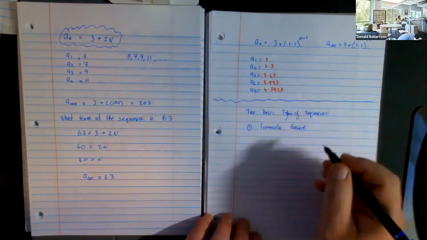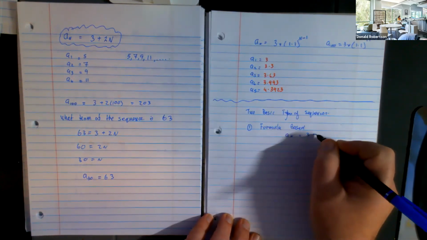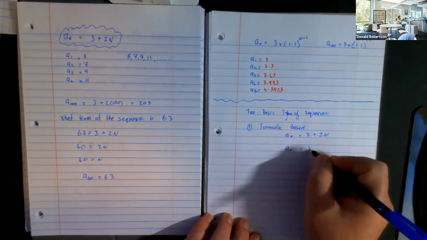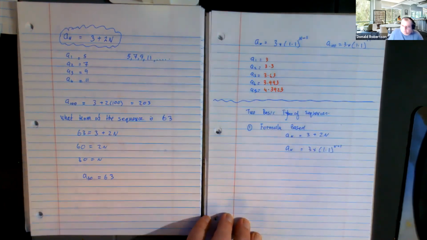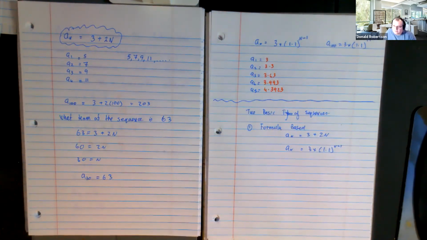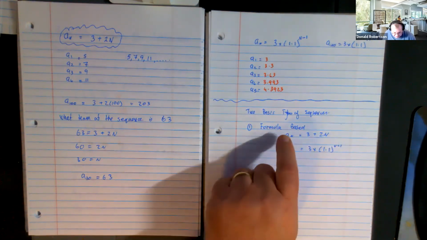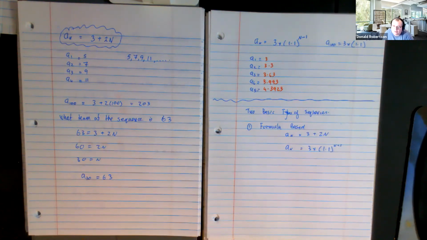We've actually done 2 examples of that. These are sequences where you can write down a formula for the nth term. If you can write a single formula, an equals some function of n, then you're looking at a formula-based sequence.